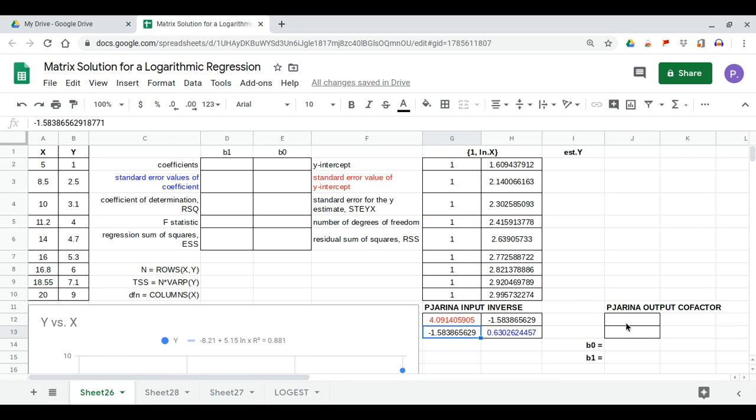Next, we calculate the coefficient, which is equal to MMULT, transpose of this matrix and the y values.